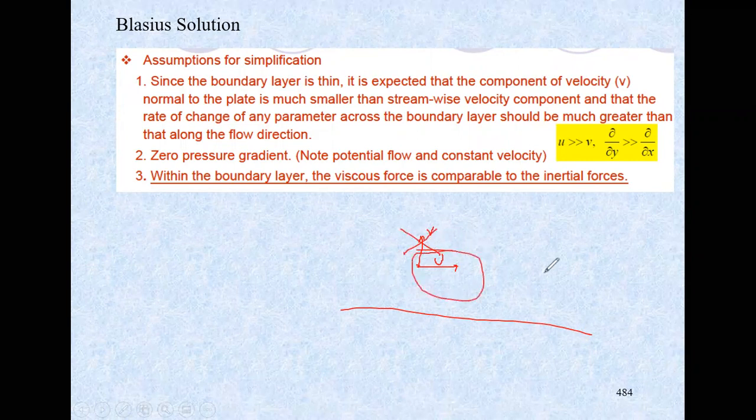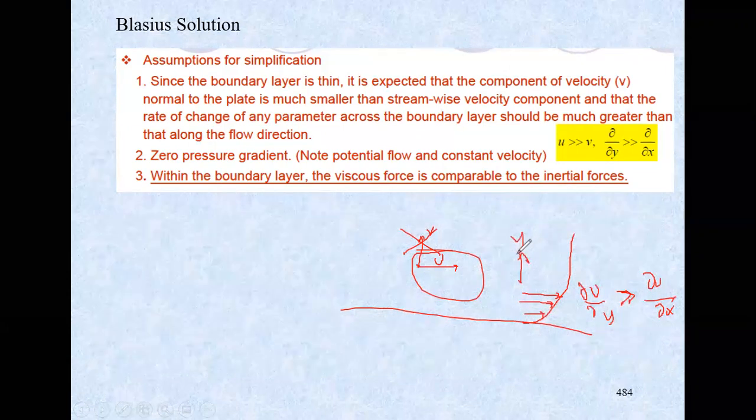Only the u component is considered, and u will change as it increases. So you can imagine the profile something like this. In the boundary layer, you have different velocity, so you're going to have du over dy much greater than du over dx. So the change is only in the y direction, because this is the y direction.